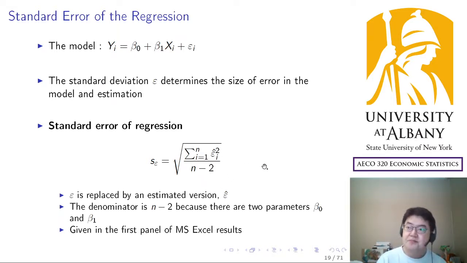Let's think about this. When we calculate the variance, we use n minus 1. The simplest intuition behind it is that when you have one observation, you cannot calculate the variance. But if you have two observations, then you can define the variance. So the variance can be calculated with a minimum of 2 observations.